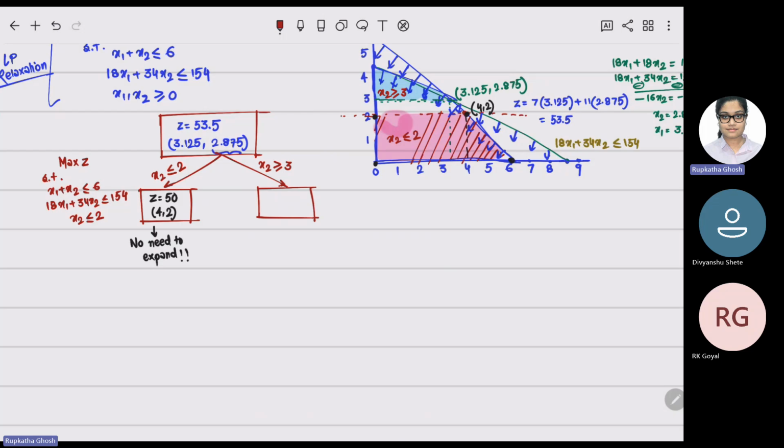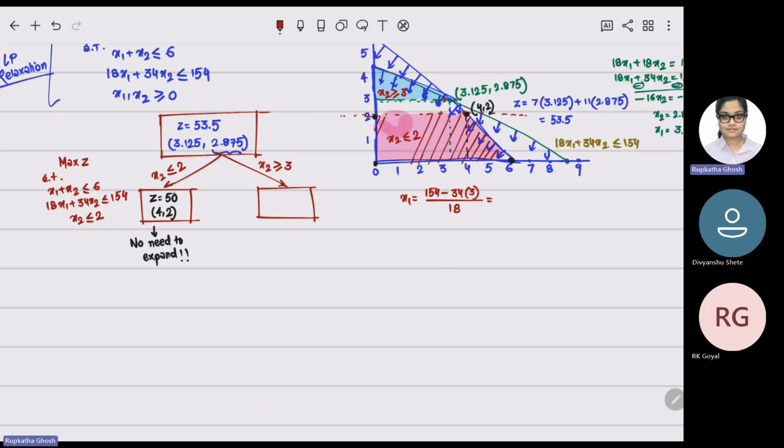So here you will have some point, I guess, somewhere here it is merging. So you will have to solve: if x2 is 3, then how much is your x1? That would be, if x2 is 3, then x1 is (154 minus 34 into 3) divided by 18.